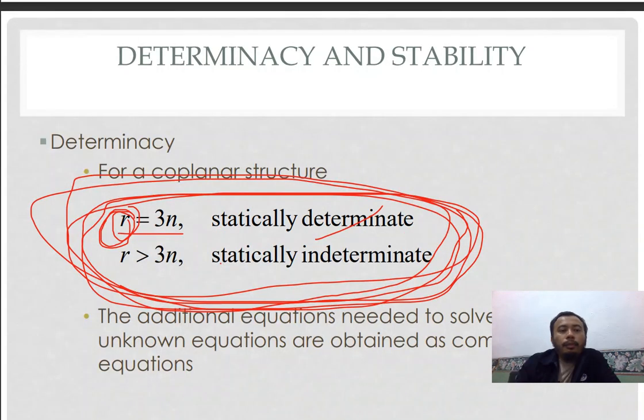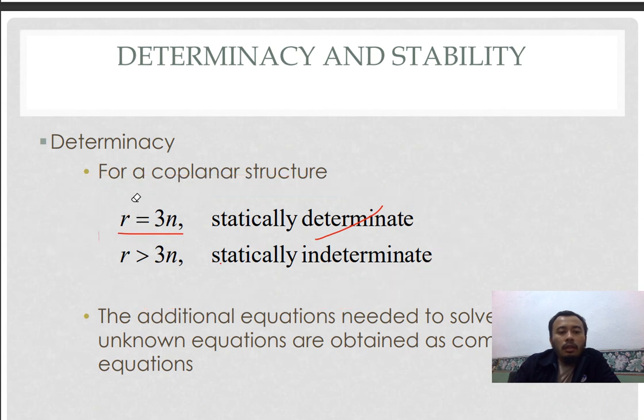R stands for the unknown forces, and N is the number of members.